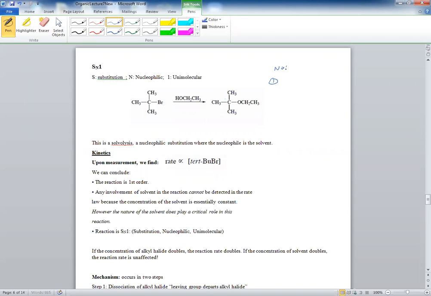Number one is that you have a tertiary alkyl halide, and SN2 reactions do not take place with tertiary. This is tertiary, three carbons.